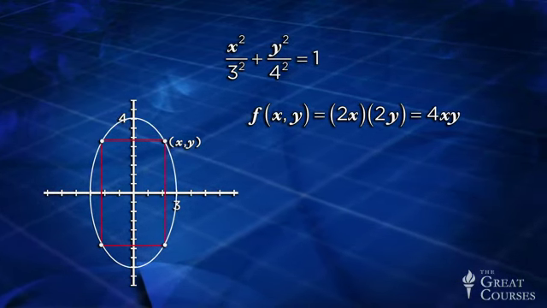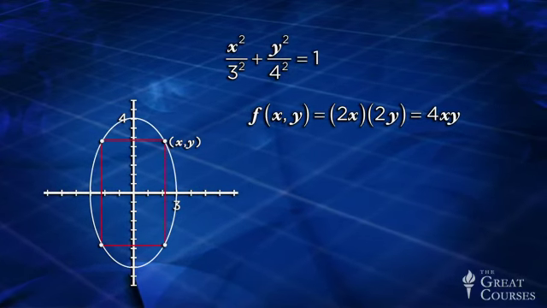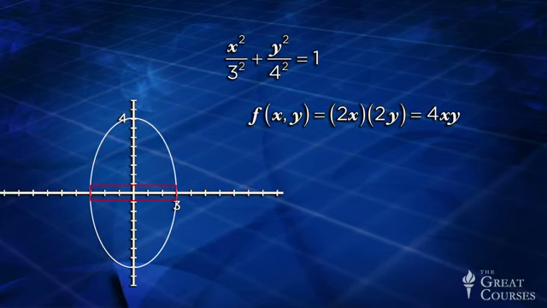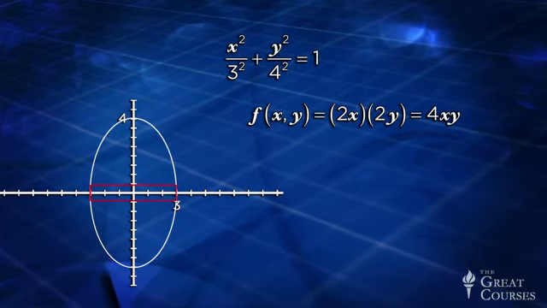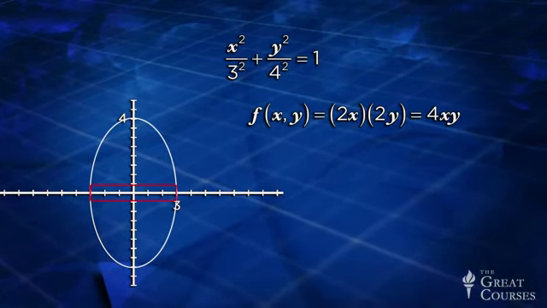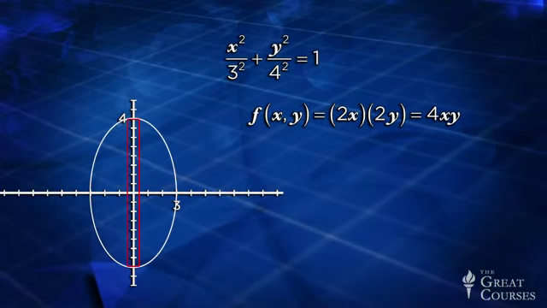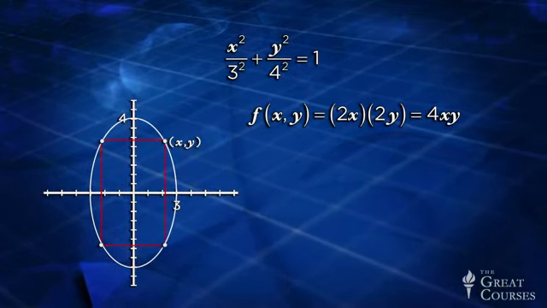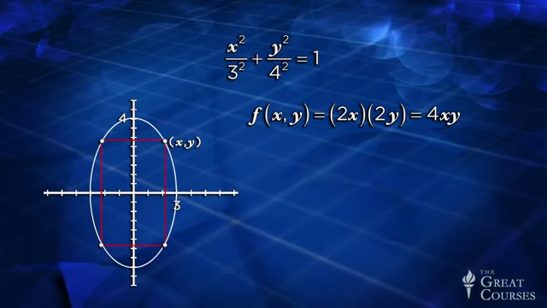Now think about it for a moment. If x is near the x-axis and y is near 0, we would get a very skinny and not very high rectangle. Or if x were near the y-axis, then we would get a tall rectangle. But the bottom line is, depending on where you place x and y, you get different rectangles and hence different areas.